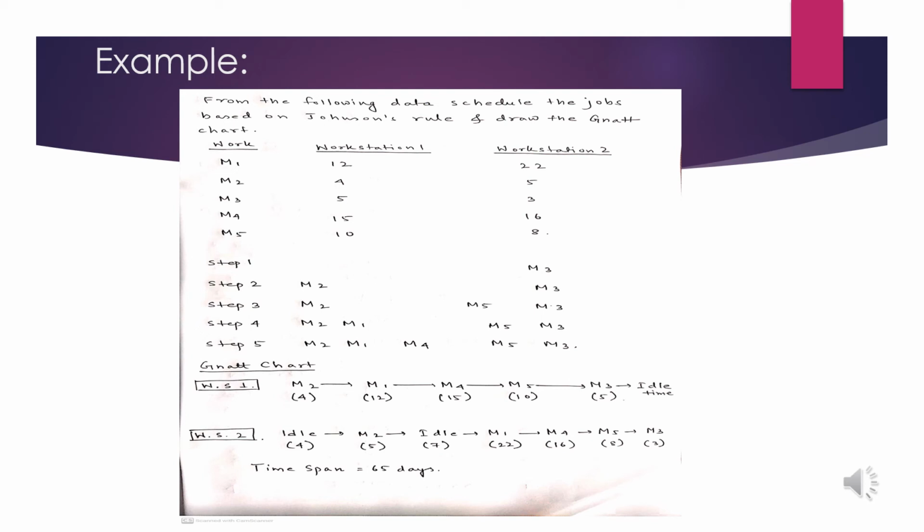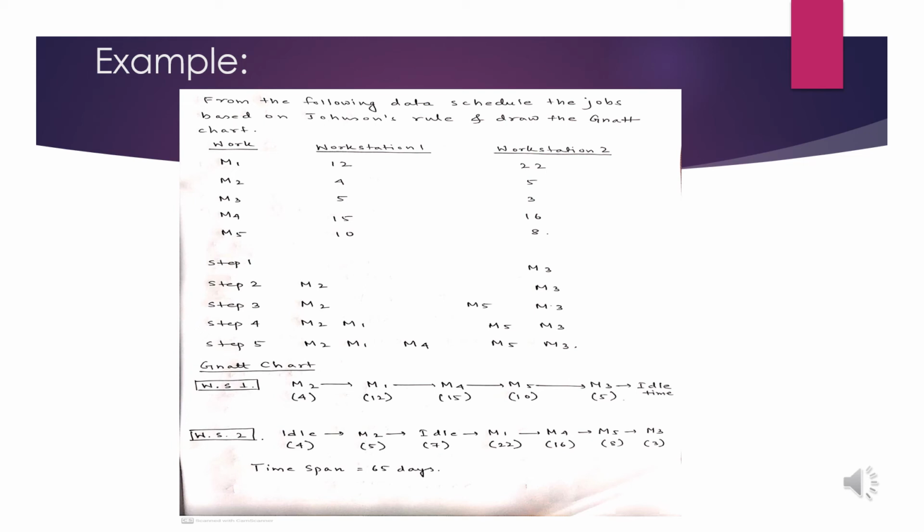So out of the 5 jobs under step 1, I have put M3 according to Johnson's rule at the 5th position. Furthermore, I will not take M3 into consideration.